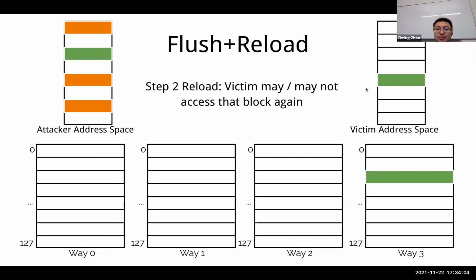After that, the victim may or may not access that block again. If it accesses that block, the memory block will be brought back into the cache, but not necessarily in the original way.